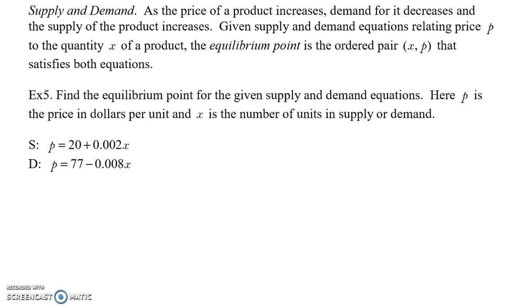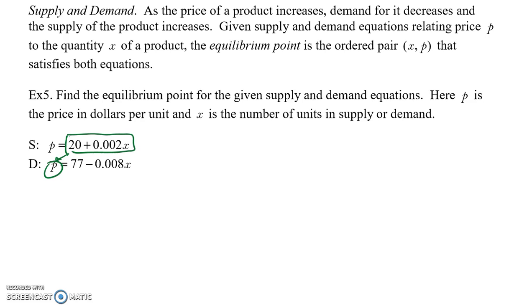If we simply substitute the right-hand side of the first equation into the left-hand side of the second equation, then it's basically like setting the two right-hand sides equal to each other.